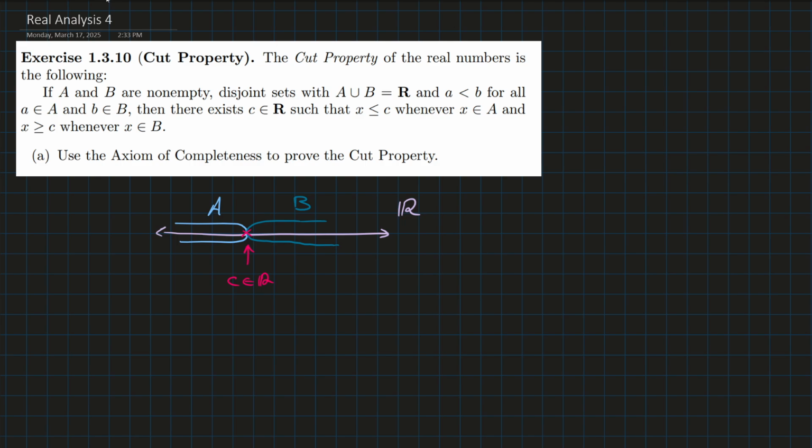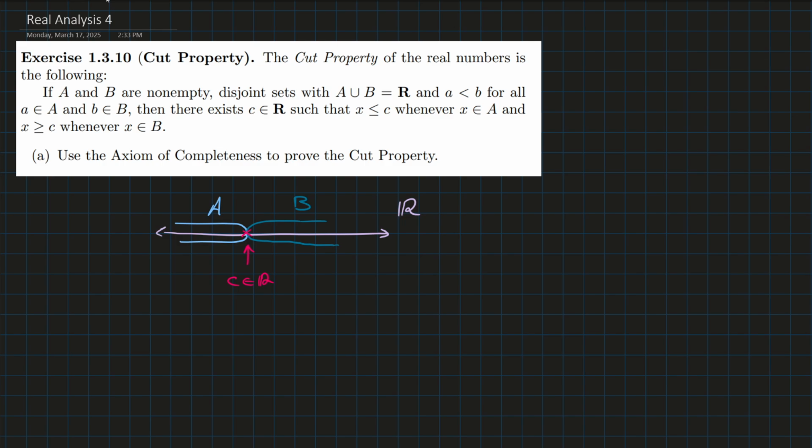We need to somehow use that fact to generate our C. So C is clearly going to be the supremum of some set, or the infimum of another set. In fact, it'll be both.